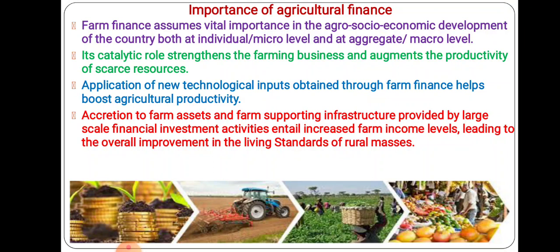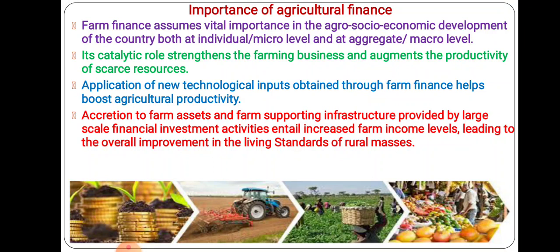The next one: acceleration to farm assets and farm supporting infrastructure, provided by large scale financial investment activities, entails increased farm income levels, leading to the overall improvement in the living standard of rural masses.